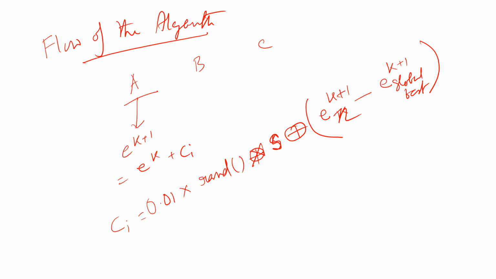So this will be your ci more or less, and then ultimately we get ek plus 1.